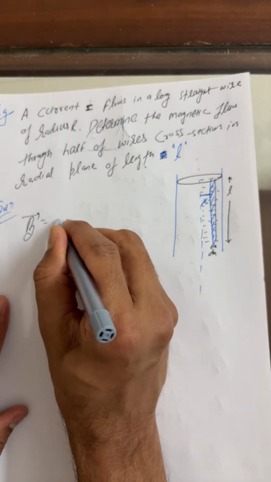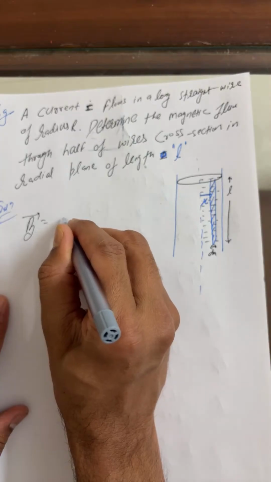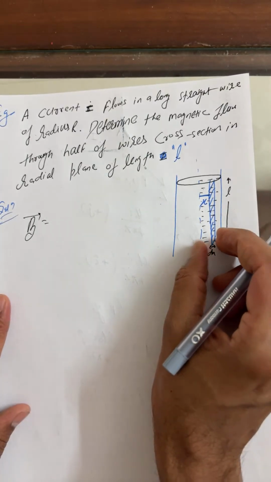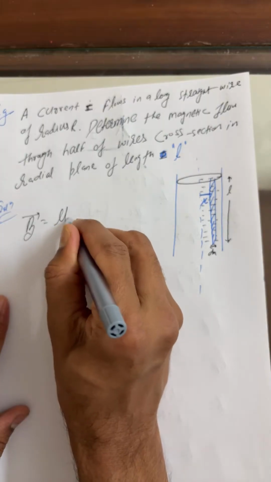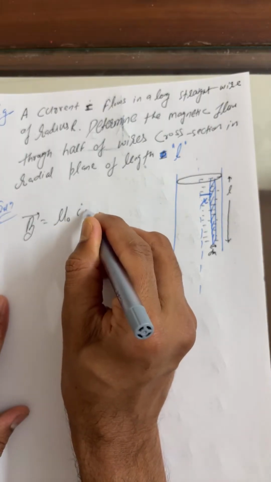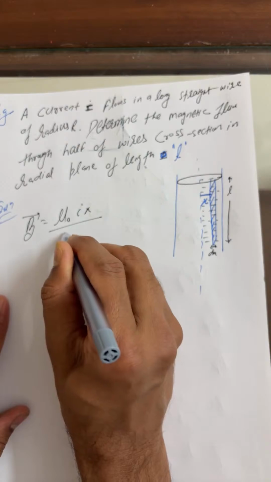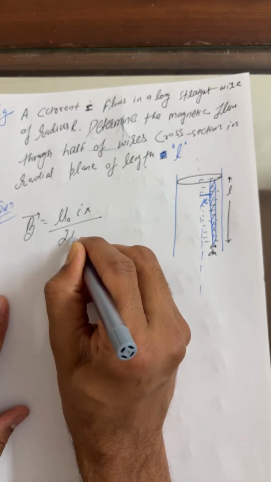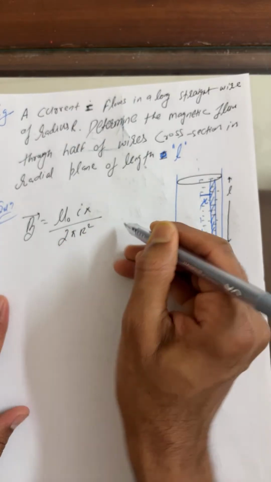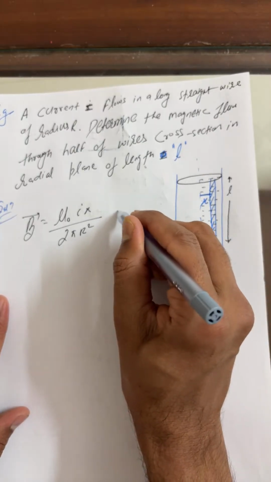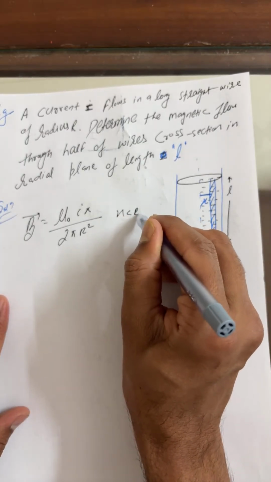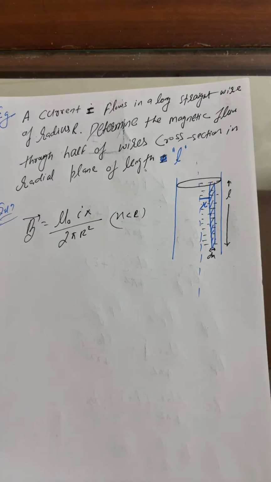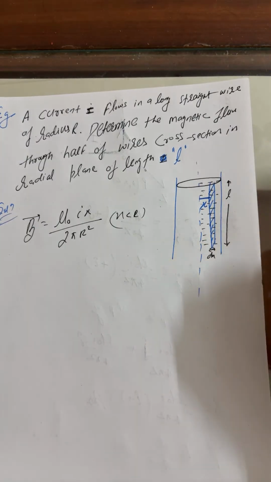So the magnetic field for the elemental strip is mu naught I x upon 2 pi R square. This x is very small with respect to the radius of the cylindrical wire, right?